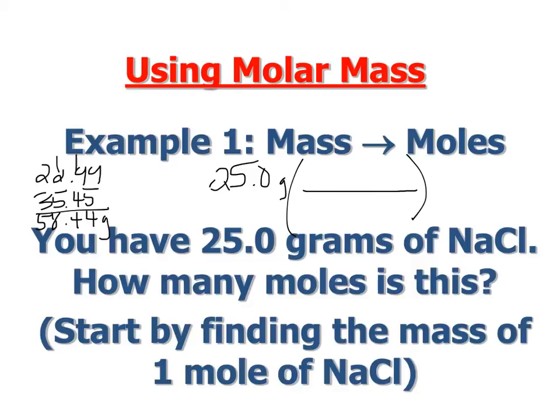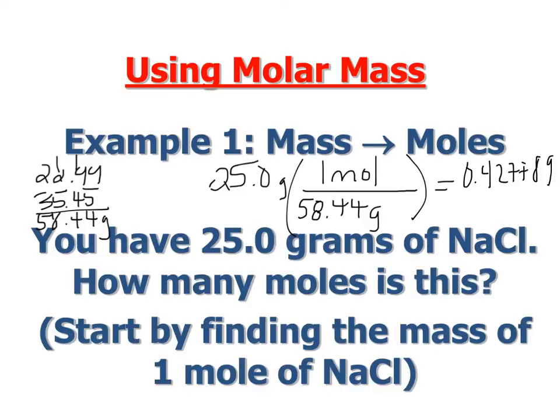Okay, so we want to convert to moles, and we want to cancel out the grams. So the 58.44 grams goes in the bottom, and that's equal to 1 mole. So if you calculate this out, you get 0.427789, and some more decimals after that.